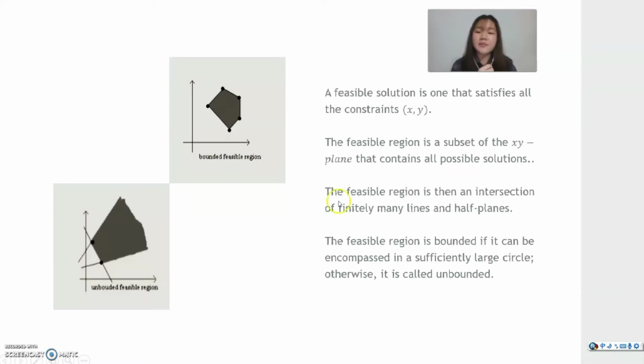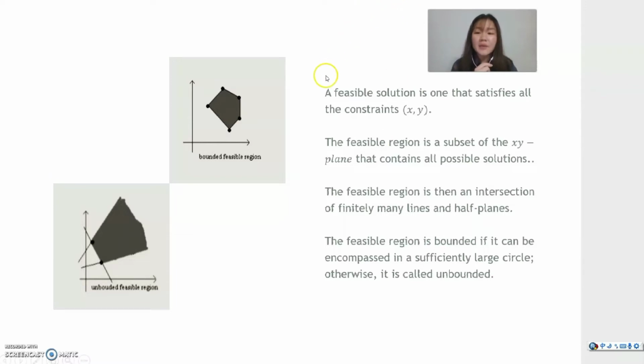Next is the feasible solution. A feasible solution is one that satisfies all constraints on x and y. The feasible region is a subset of the xy plane that contains all possible solutions. The feasible region is then an intersection of finitely many lines and half planes. The feasible region is bounded if it can be encompassed in a sufficiently large circle, otherwise it is called unbounded.